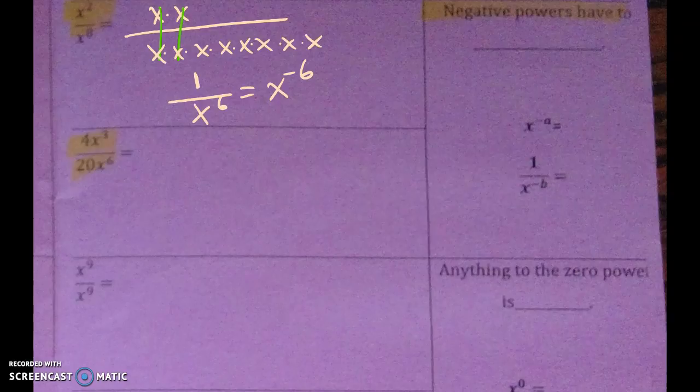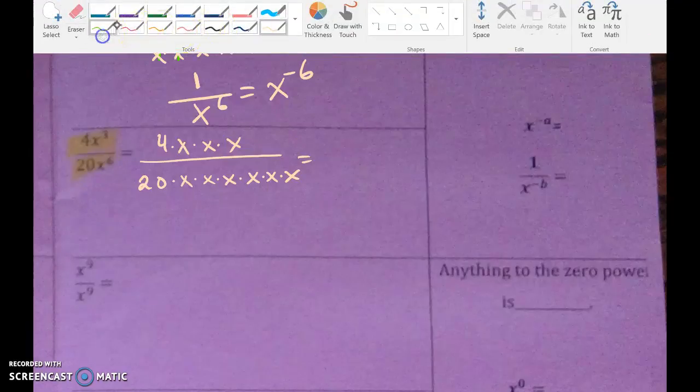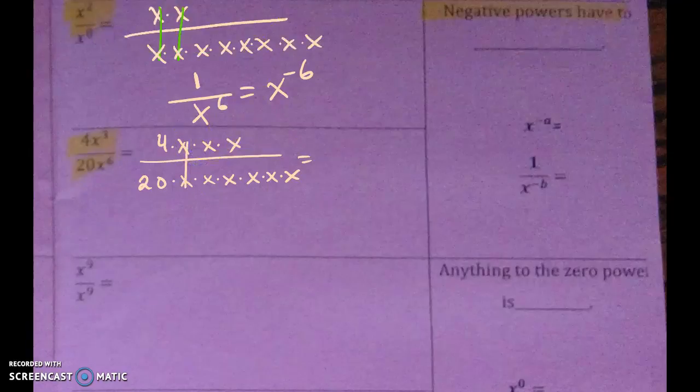All right, over here, one more example. So we have 4x times x over 20 times x times x times x times x times x times x. And again, we are going to cancel first of all. 1, 2, 3.